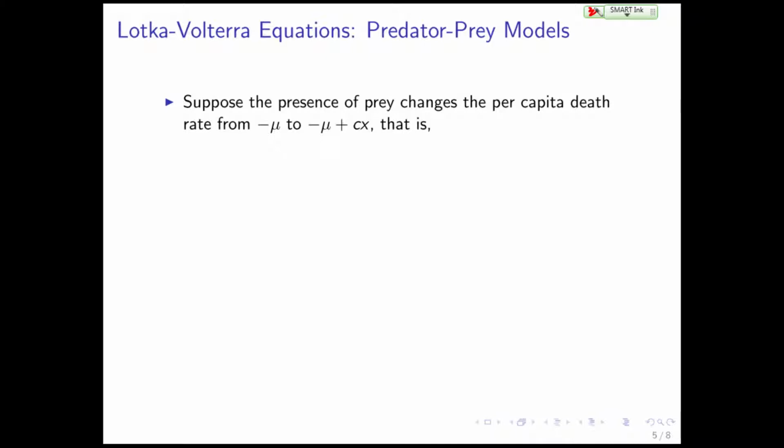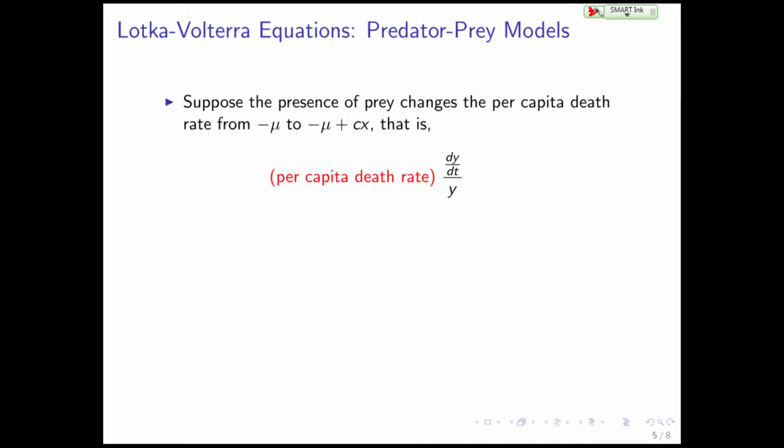So we will modify the assumption so that now, in the presence of prey, the per capita death rate changes from a negative constant, from minus mu, into a quantity that is a function of the size of prey. So there will be a change from minus mu into minus mu plus cx.